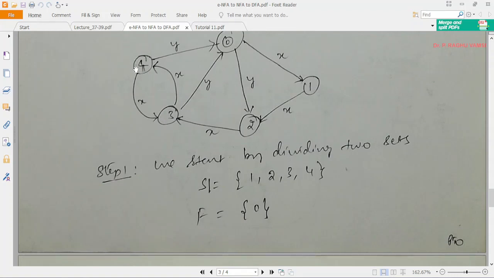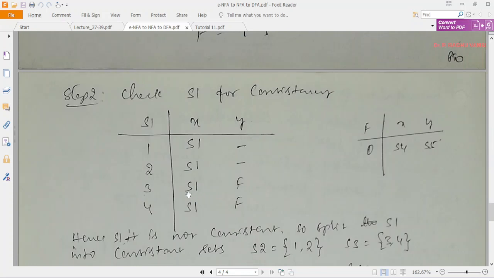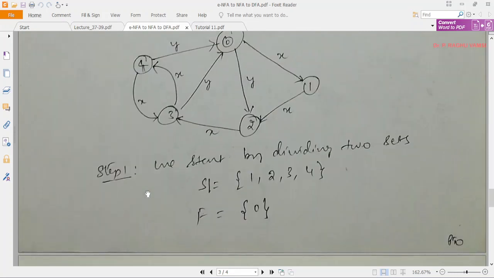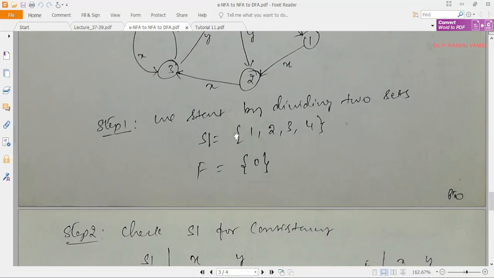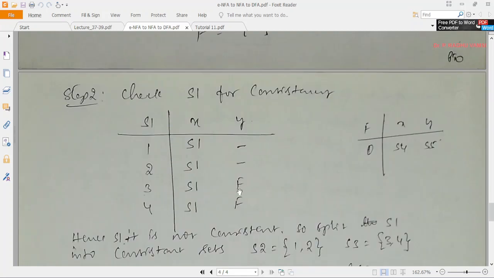This state 4 is available in the S1 set. Now 3 on Y results in the state 0. Where is state 0 available? State 0 is available in the final set, so it results in the final set.